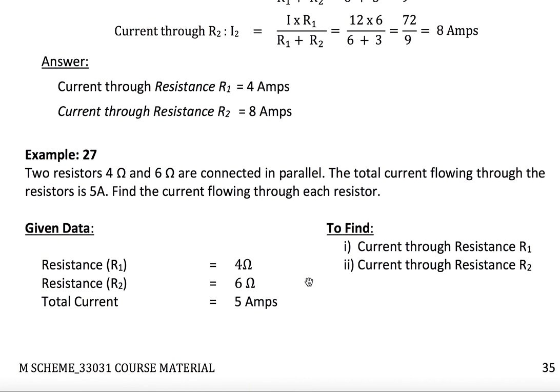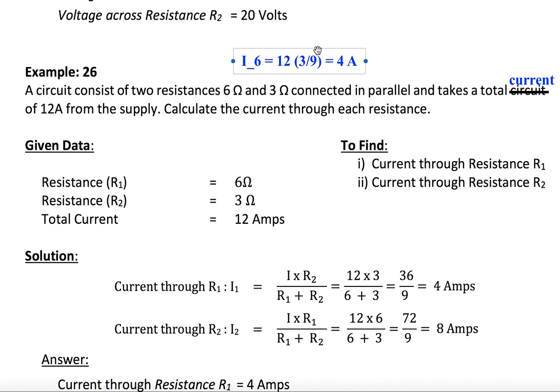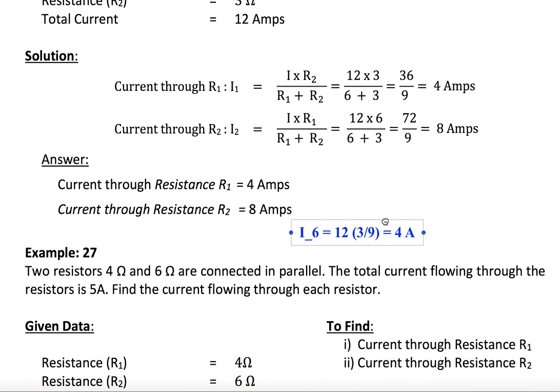Two resistors are connected in parallel. Total current flowing through the resistors is 5 ampere. Find the current flowing through each resistor. Is it any different? No difference. Then we are going to use the same formula.